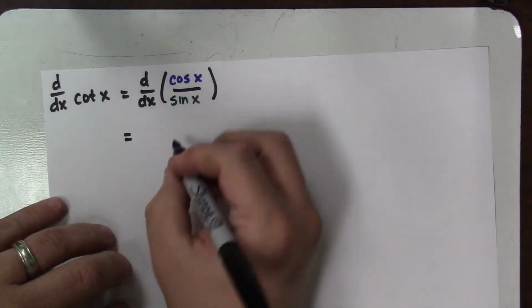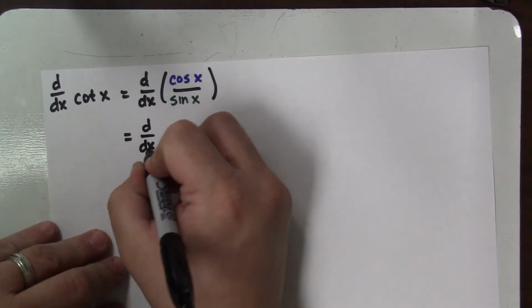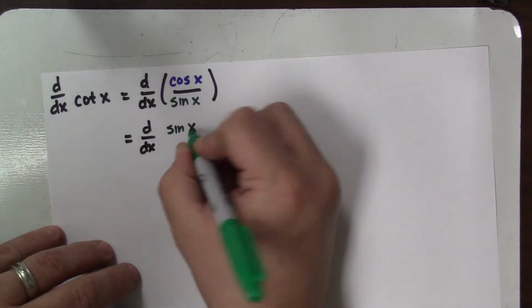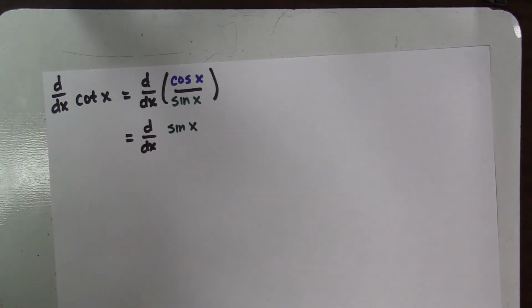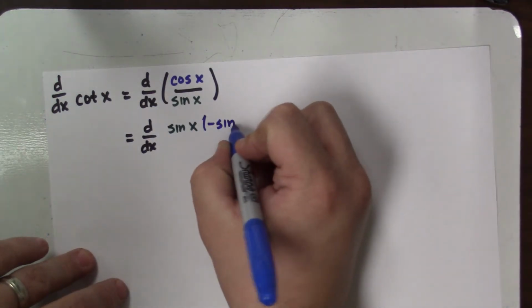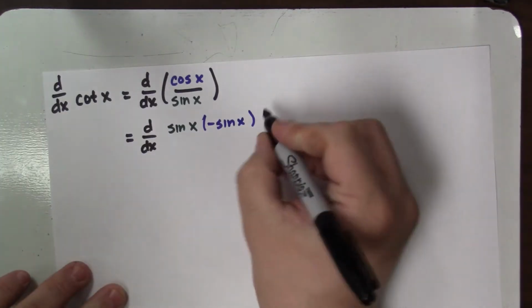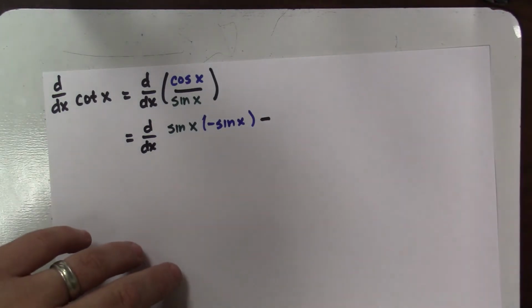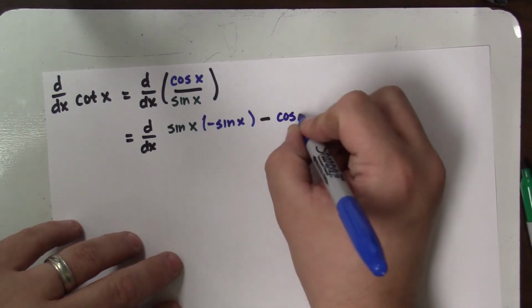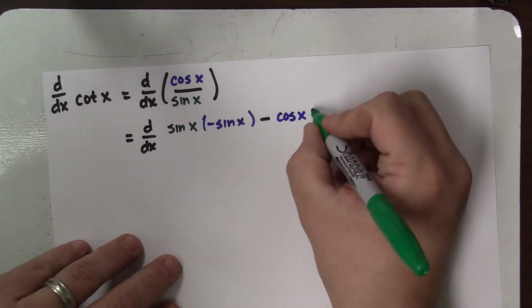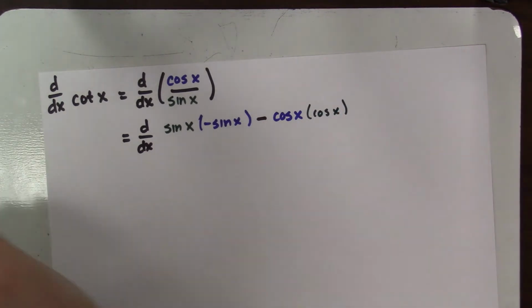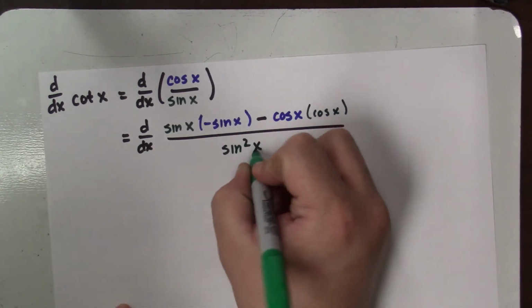Okay, so that is the derivative with respect to x of sine x times the derivative of cosine, which is negative sine x, minus cos x times the derivative of sine, which is cos x, over sine squared x.